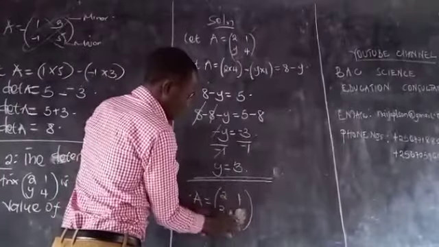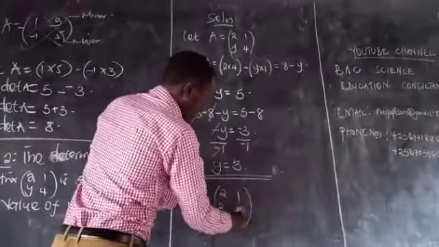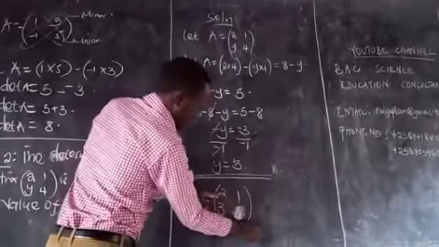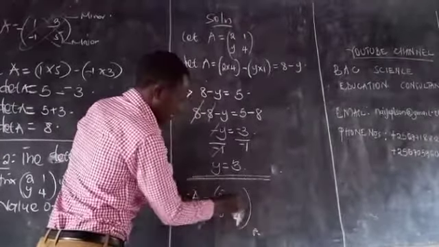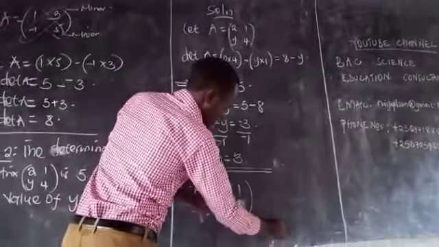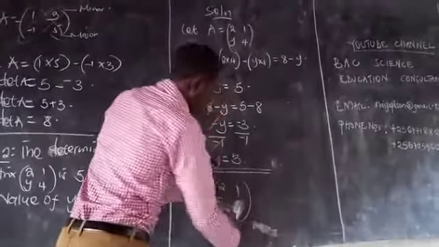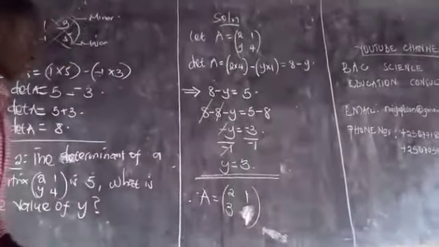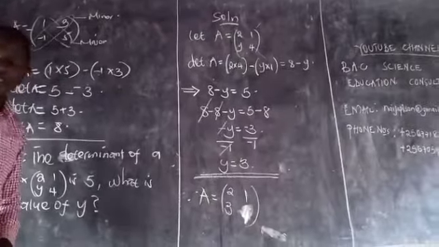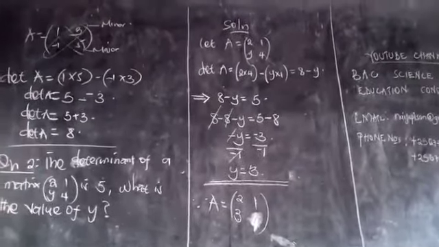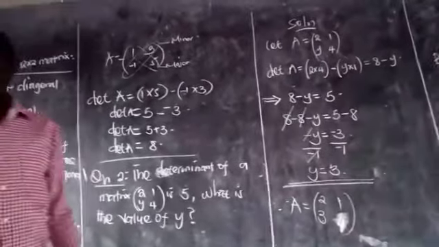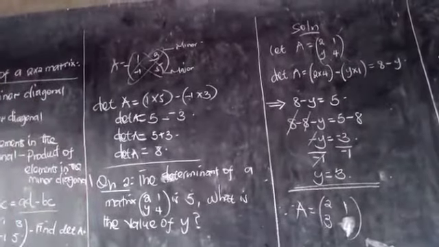If you simply look for 2 times 4, it is 8. 8 minus 3 times 1 is 3, that is 5. And therefore the determinant is 5. We are therefore correct. I will give you an activity which you can simply work out at any time in your leisure.